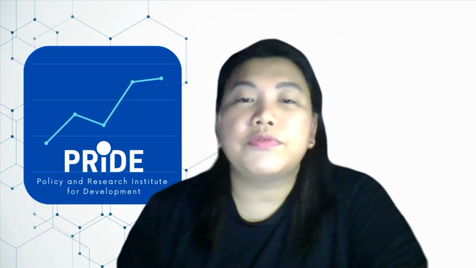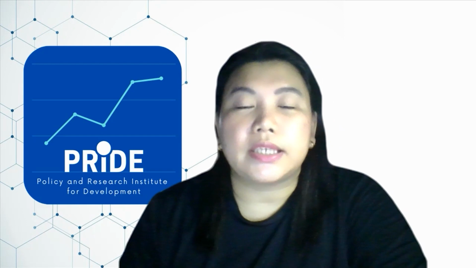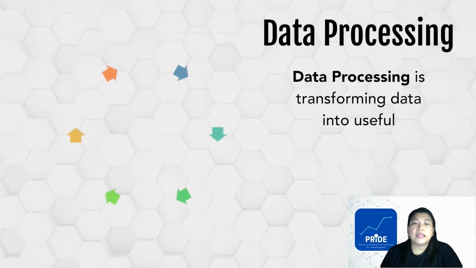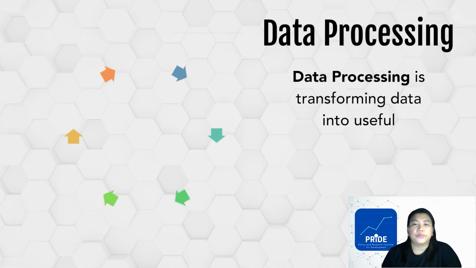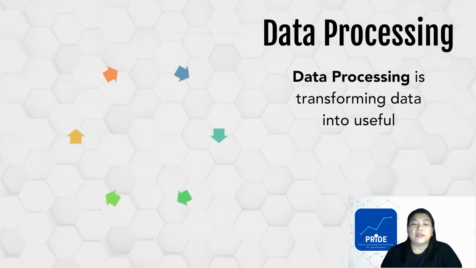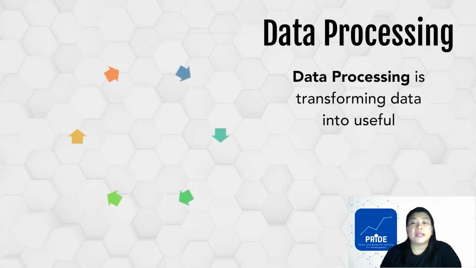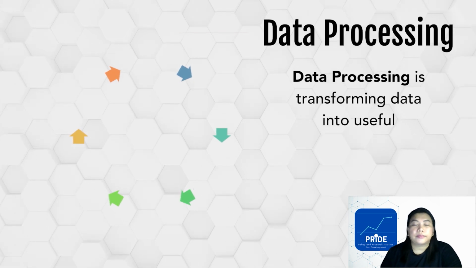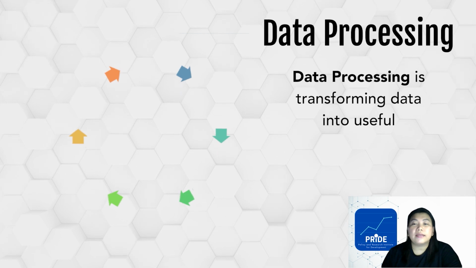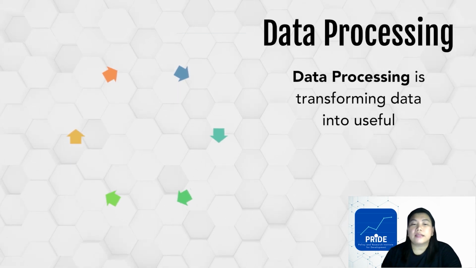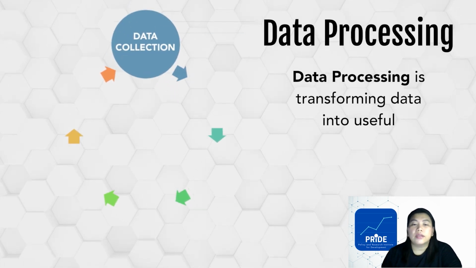Now, let us move on with data processing. Data processing is transforming data into useful information. On the right side, you will see the data processing cycle. Let us familiarize ourselves with it. It starts with data collection.